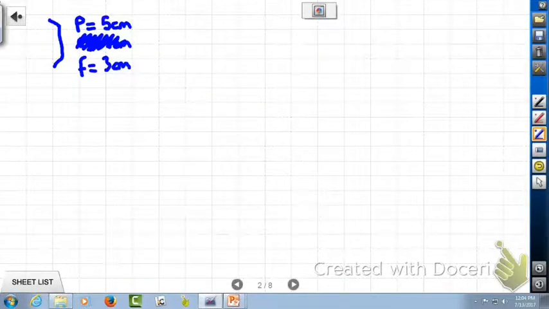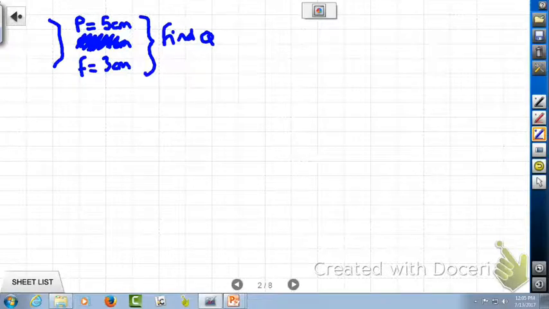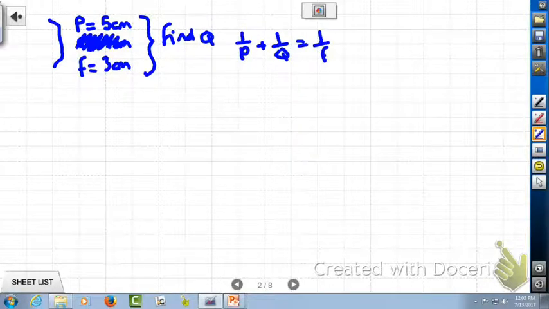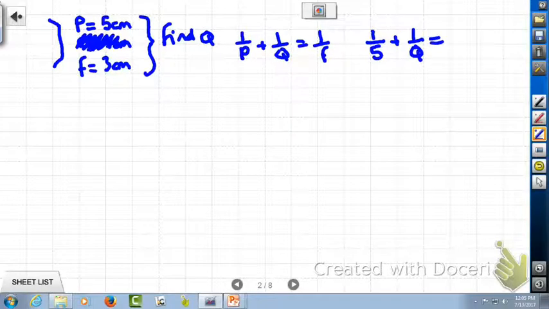Okay. Let's find Q. 1 over P plus 1 over Q equals 1 over F. So 1 over 5, I can work in centimeters as long as I stay in centimeters, plus 1 over Q equals 1 over 3.